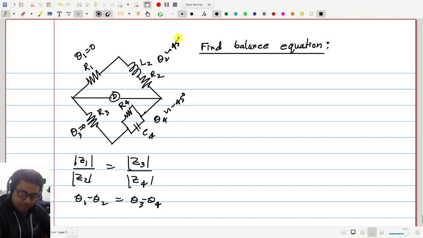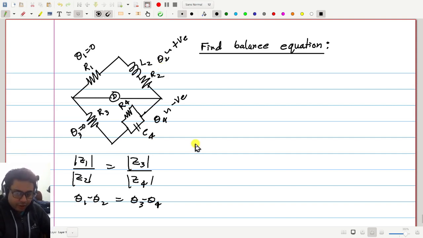Plus 45. So if you add this to this, you are going to get a negative value. If you add this to this, you are going to get a positive value. So this is negative, this is positive, and they can never be equal. So this bridge is impossible to balance.